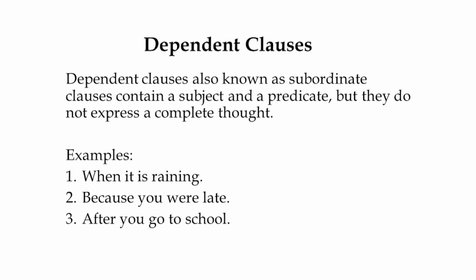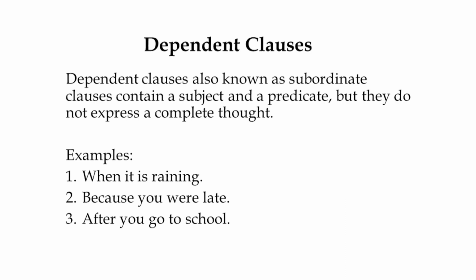Dependent clauses, also known as subordinate clauses, contain a subject and a predicate, but they do not express a complete thought. Here, clearly it is given what is the difference between the independent clause and the dependent clause. The dependent clause does not express a complete thought, whereas the independent clause conveys and expresses a complete thought. But a dependent clause doesn't do that.